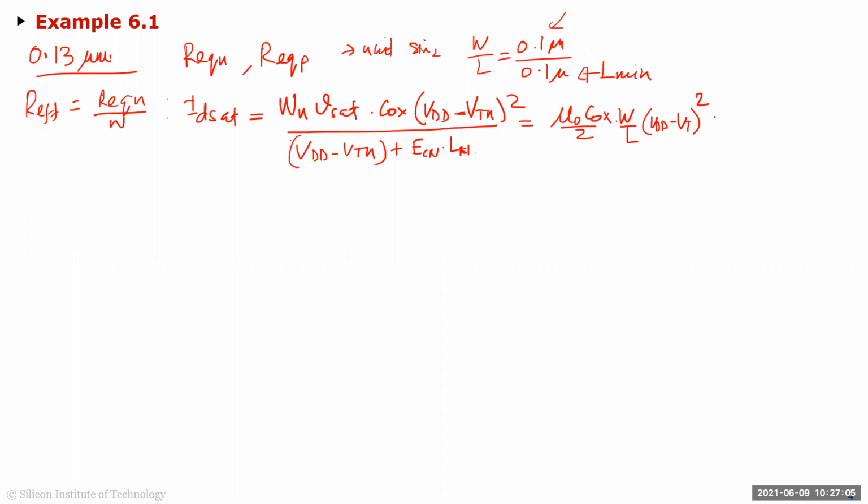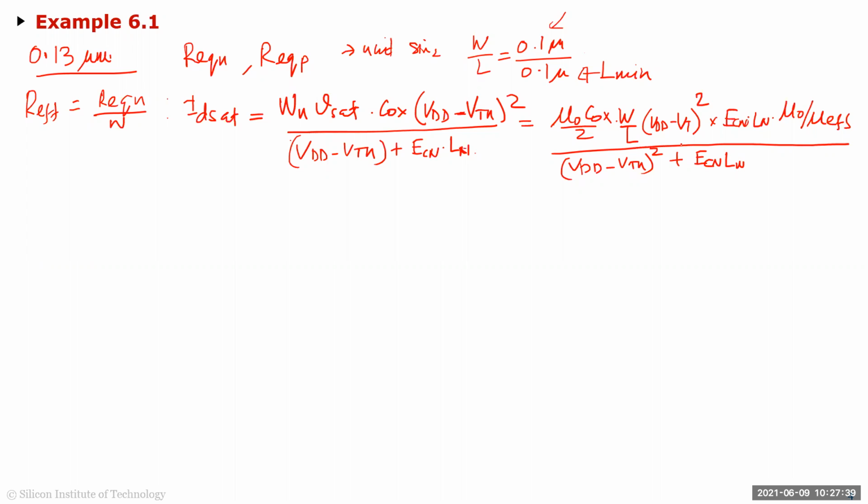Then the correction term is EC L_N, times the ratio of the low field mobility divided by the high field mobility. These are process parameters given in the table, so I'll just plug those values in: VTN squared plus the electric field length over here.